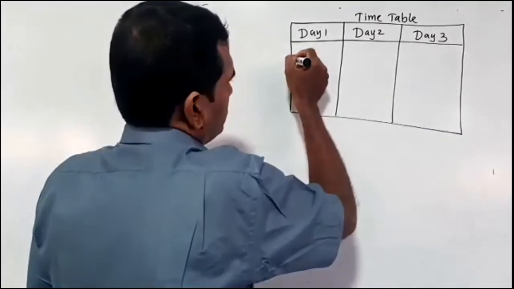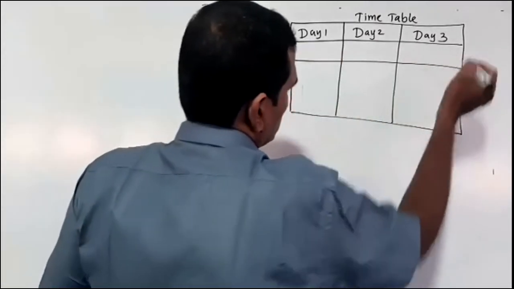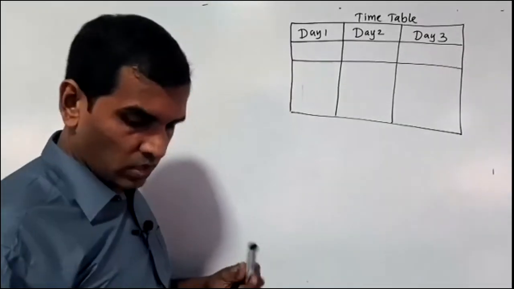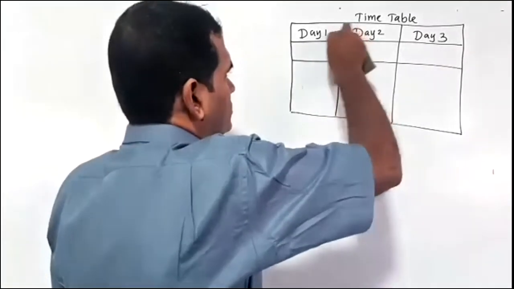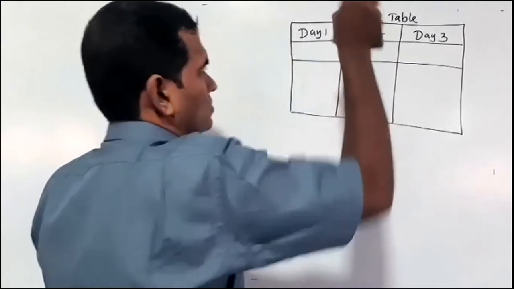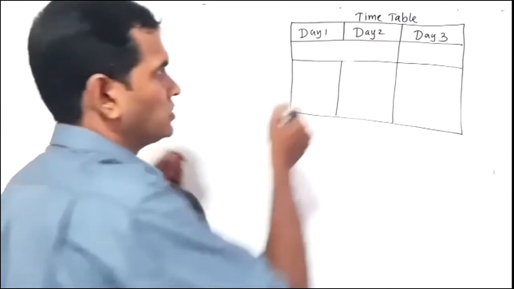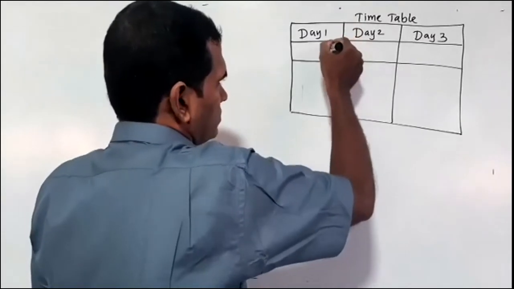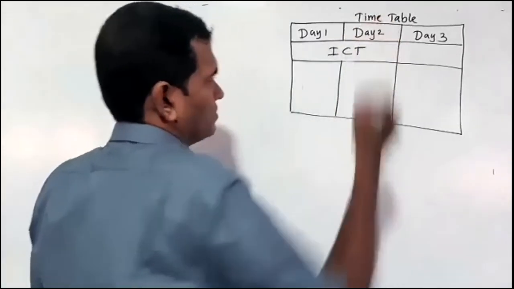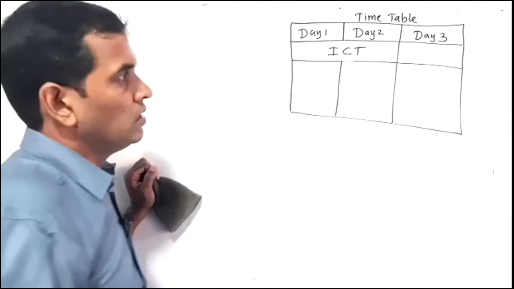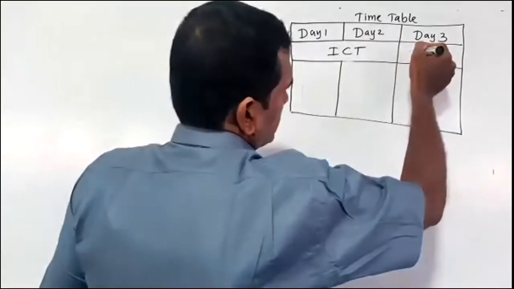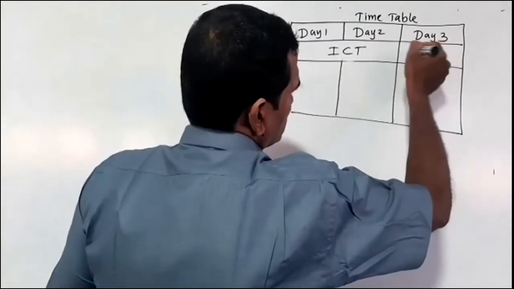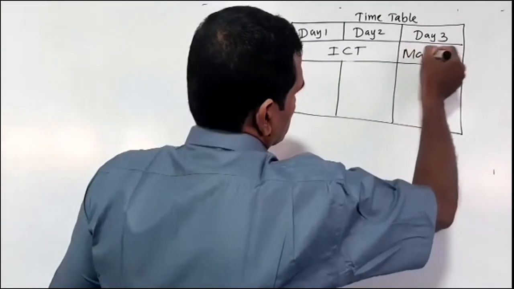Look at the second row. Right, look in the second row, I want to merge these 2 cells. Okay, these 2 cells are merged and the content must be displayed here. So this is ICT. Okay, then this one, there is something, right? Maths.